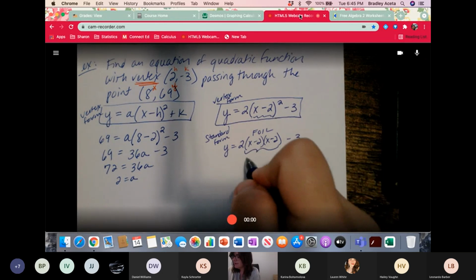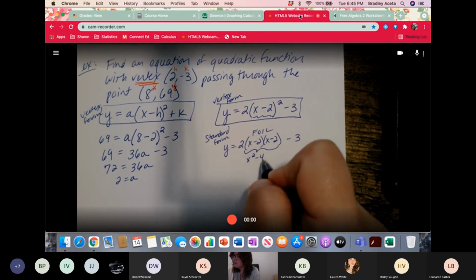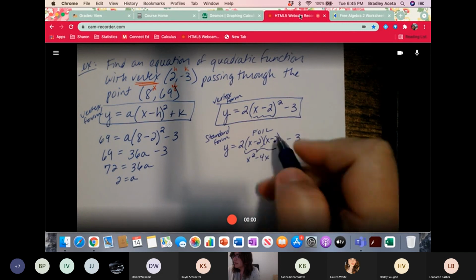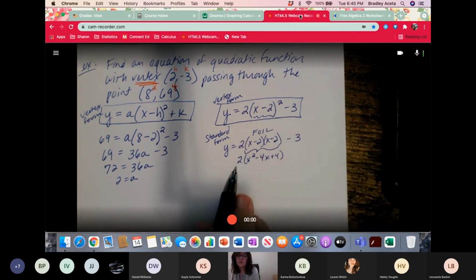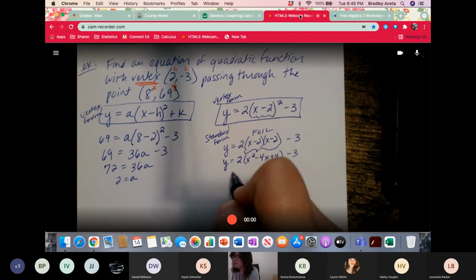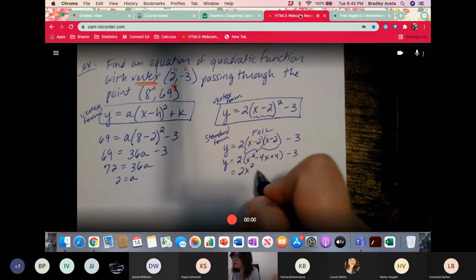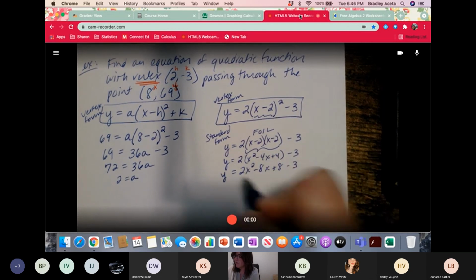So this would be x squared minus 2x minus another 2x is minus 4x. Negative 2 and negative 2 make plus 4. Don't forget you got that 2 on the outside. So you got to distribute him in. So this would be 2x squared minus 8x plus 8 minus 3.